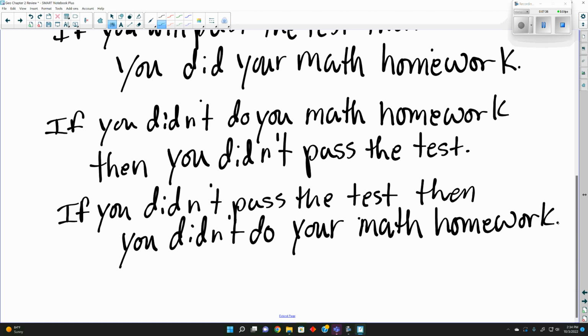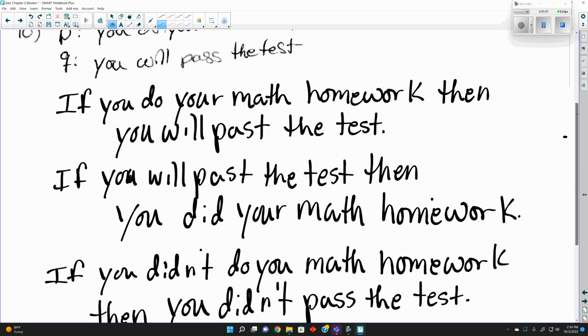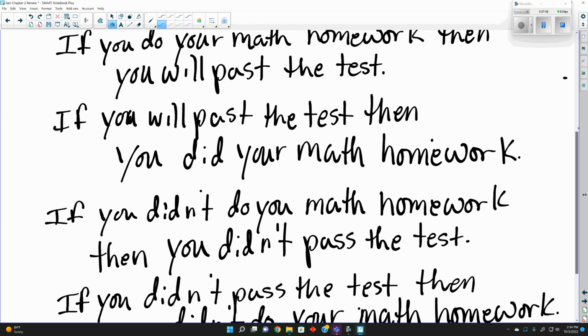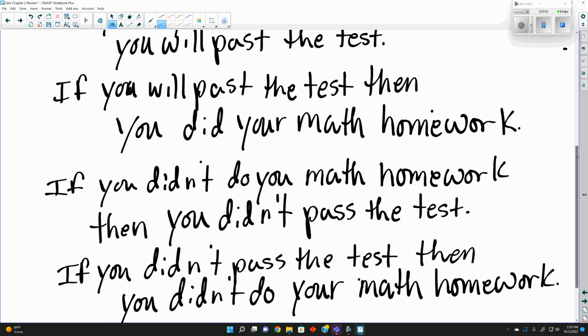Again, I'm not going to be too picky on verb tense. As long as you're writing the sentences, that's fine. Yep. So conditional, converse, inverse, contrapositive.